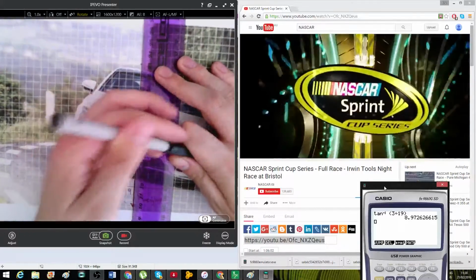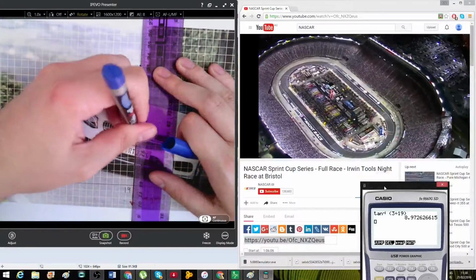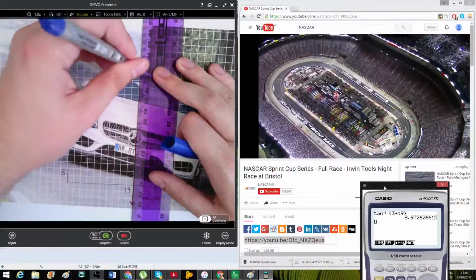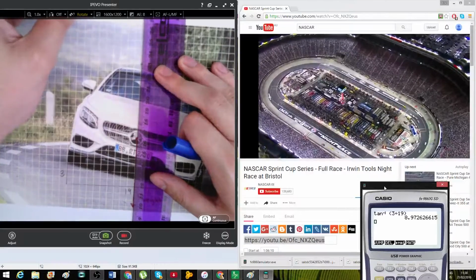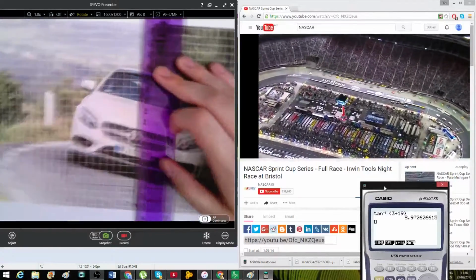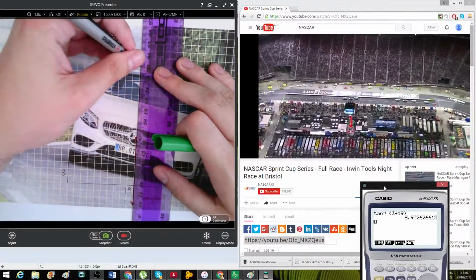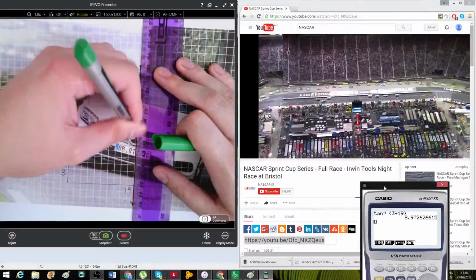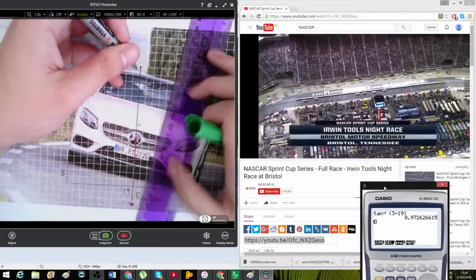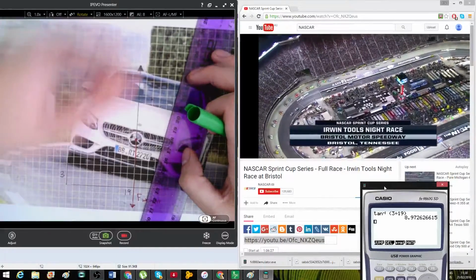Okay, let's try that blue again. Green's nice, so let's go with green. Alright, so that's a vector there.